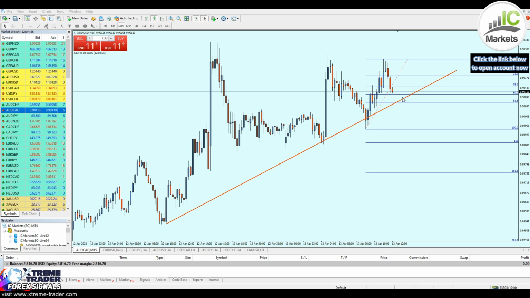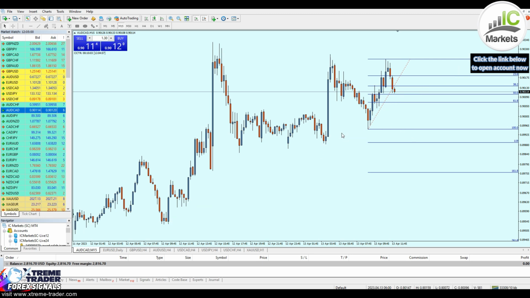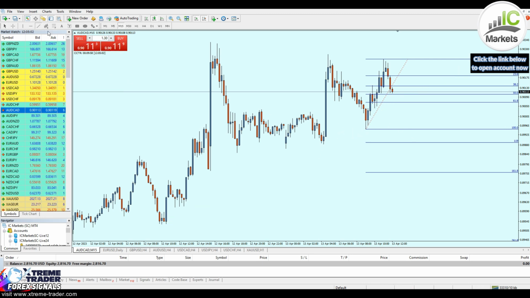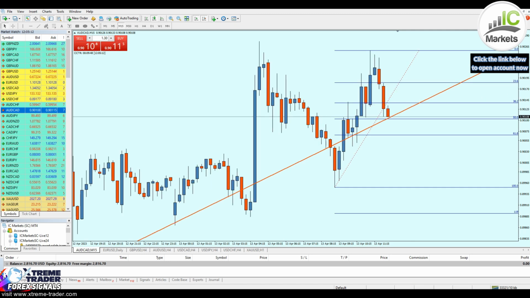That's going to be 61.8. Let me make sure it's accurate. Sorry about that, because sometimes when you are trading, you need to act fast. Yes, fantastic, by dragging the same support trend line.